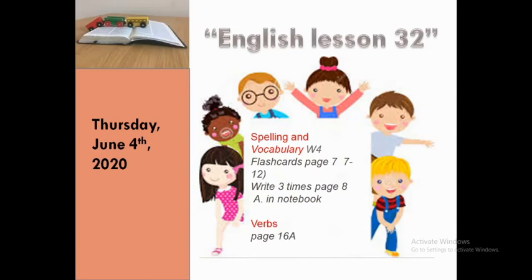And finally, we are going to write an activity in our notebook. That is about the spelling and vocabulary section, but we also are going to study the verbs that we have on page 16 in the letter A. Those are the verbs of this week. That is the activity for today, so let's get started then.